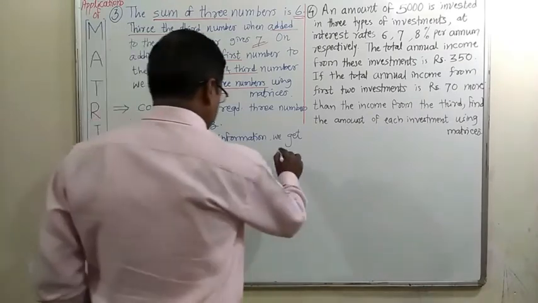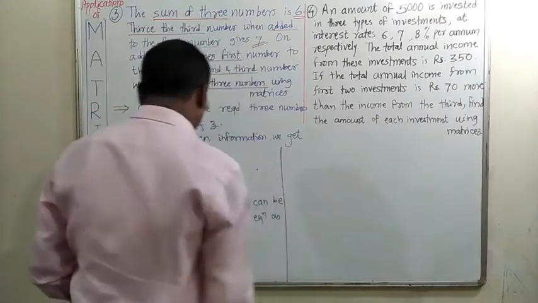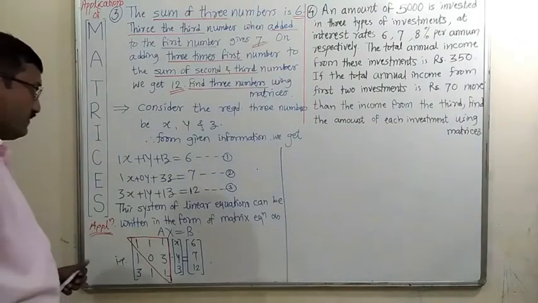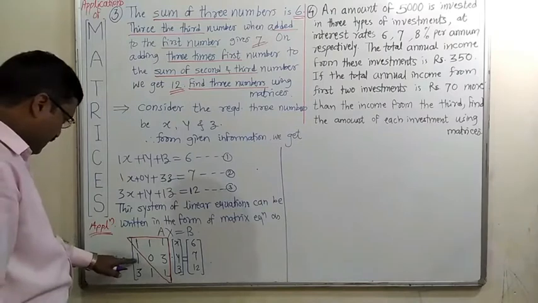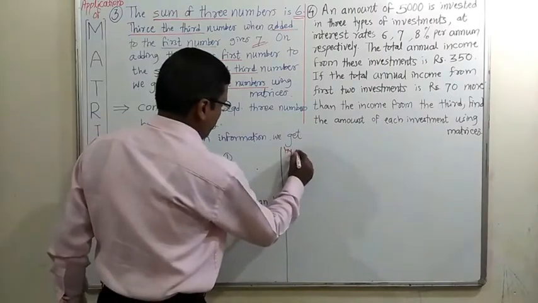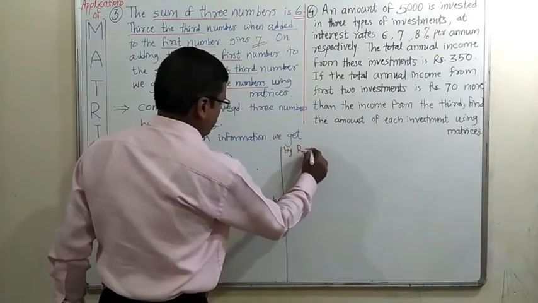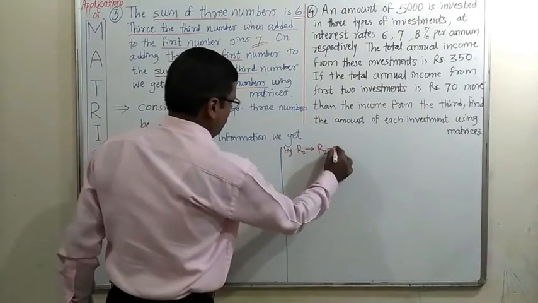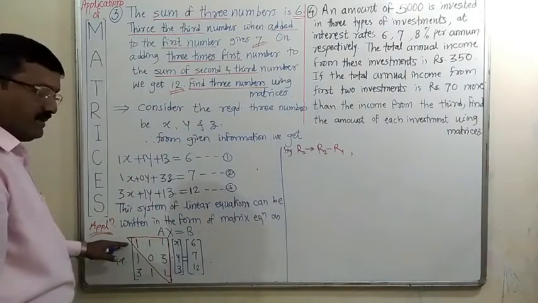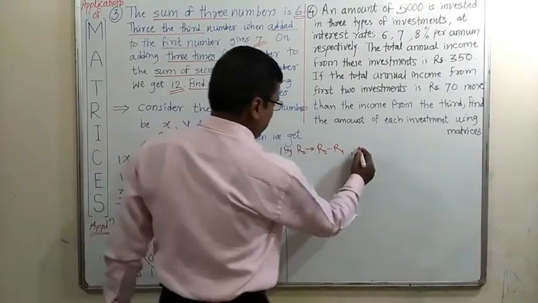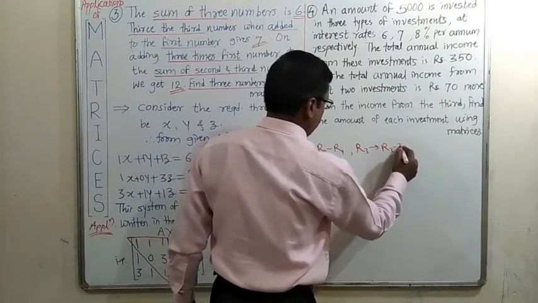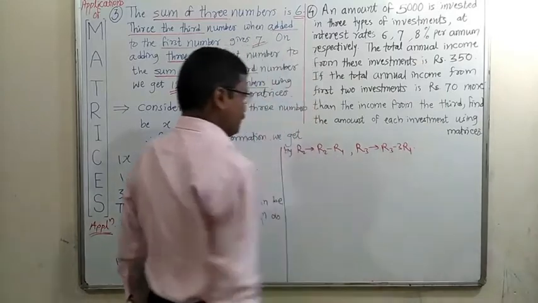So in the next step, we use elementary row transformations: R2 implies R2 minus R1, so that we get 0 here, and R3 implies R3 minus 3 times R1.